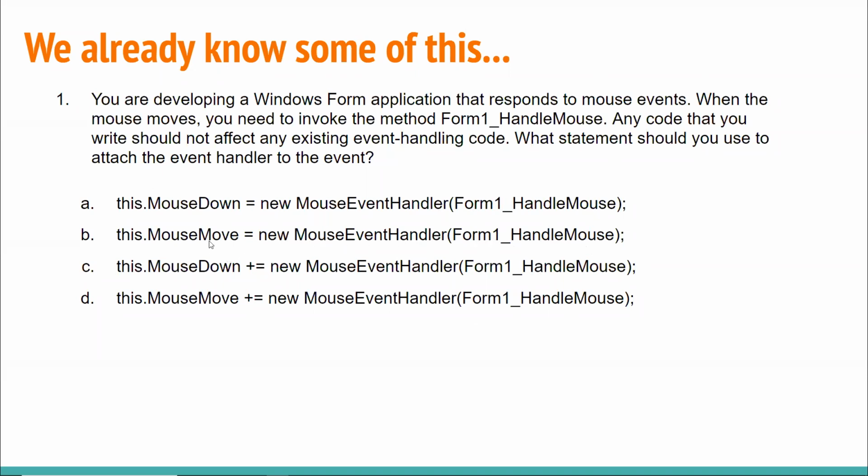If I say equals, then anything that I previously attached to mouse move would be overwritten. That means you must use plus equals, because any new method that you add will not overwrite the previous methods that you added to mouse move.